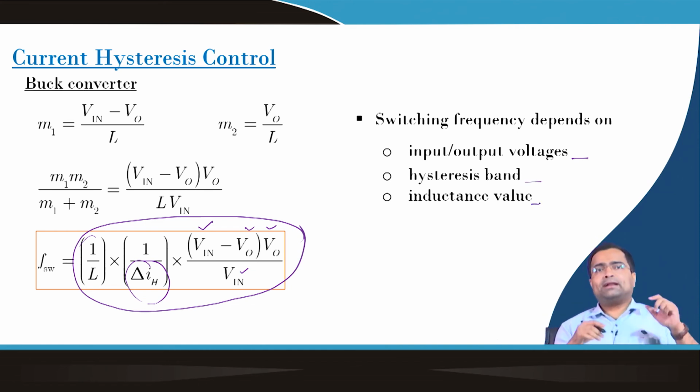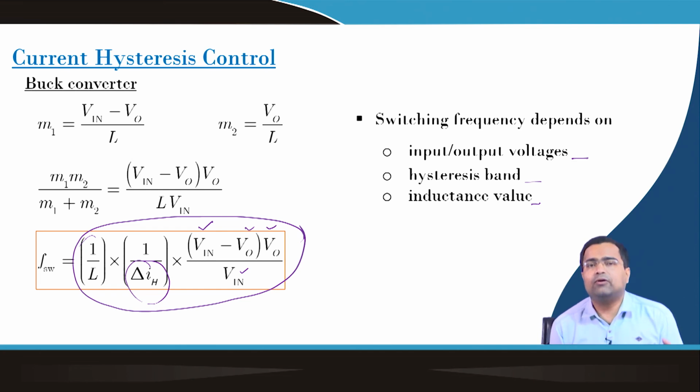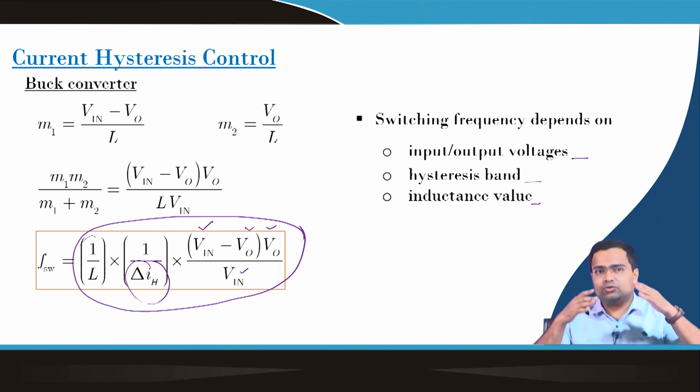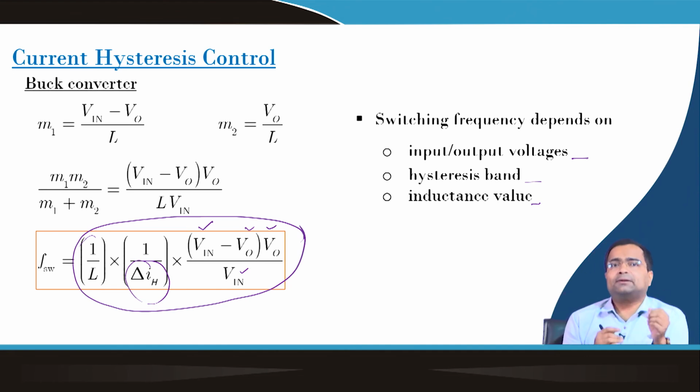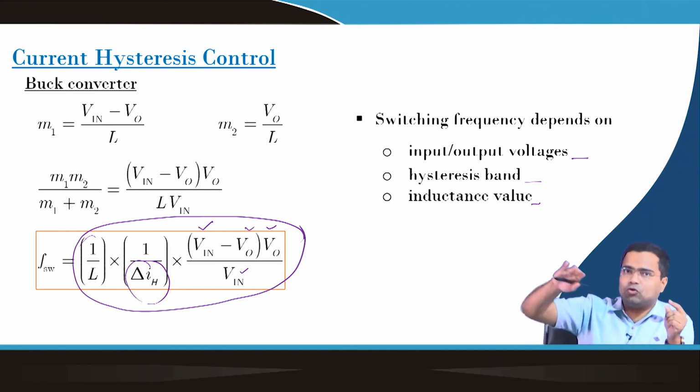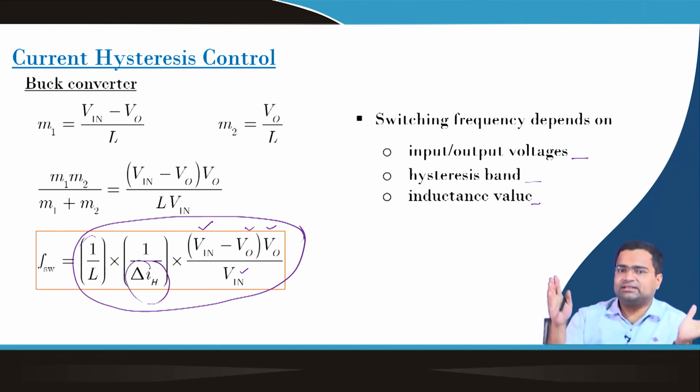So, if we operate in a wide load current range, where the current through the inductor can vary widely, there can be some variation in the inductance value, because if we go to the BH curve of the magnetic core of the inductor, it will not always remain at exactly the same linear slope. There can be slight variation in the slope.